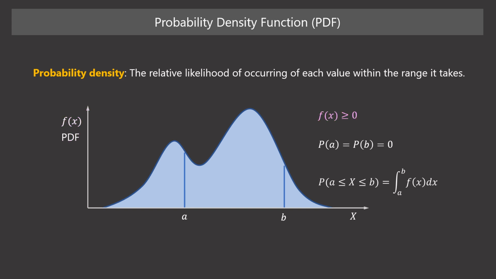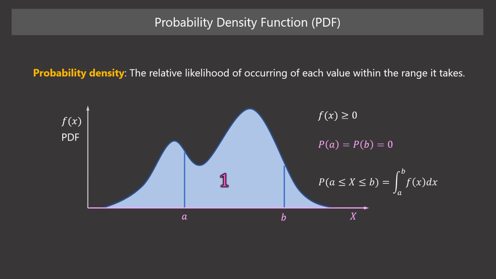The probability density cannot be negative, so the graph must be on or above the horizontal axis. A basic assumption of a probability is that the sum of probabilities of all events equals 1. So, the area under the curve and above the horizontal axis is always 1.